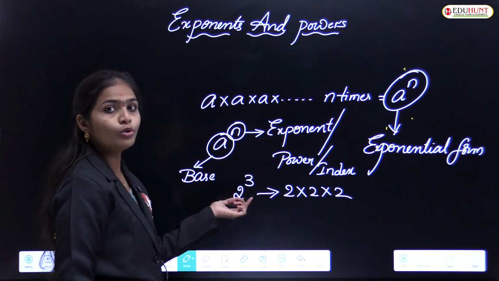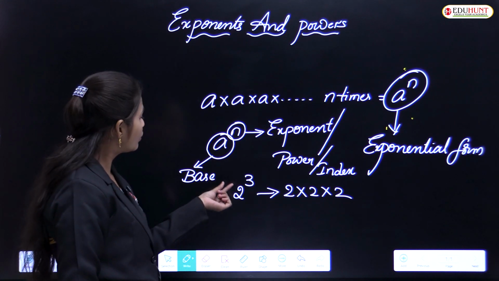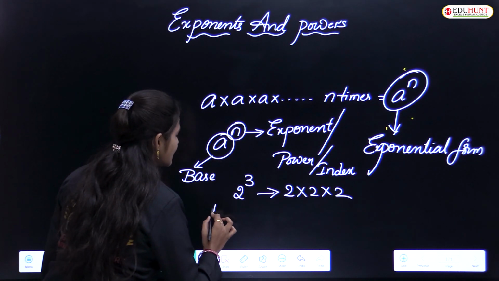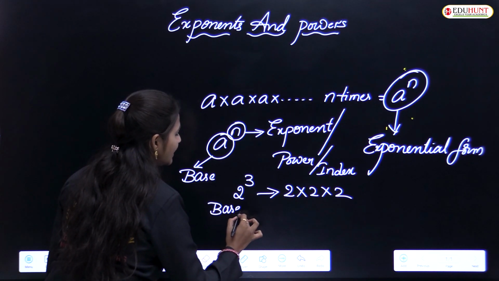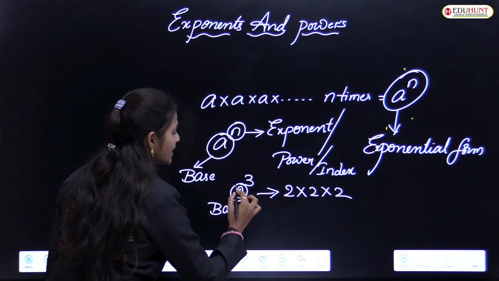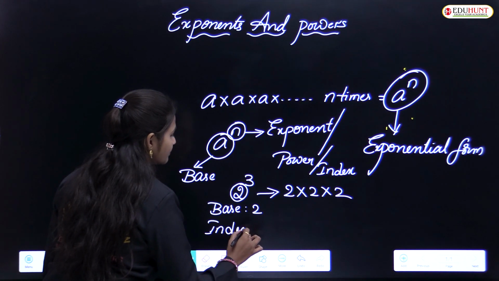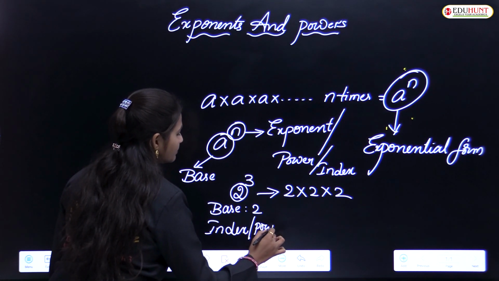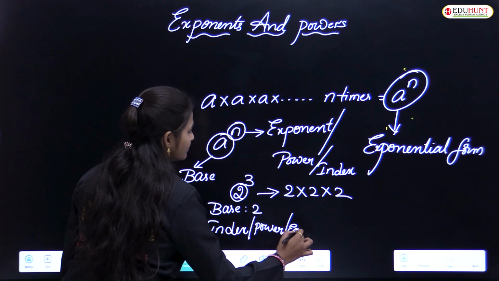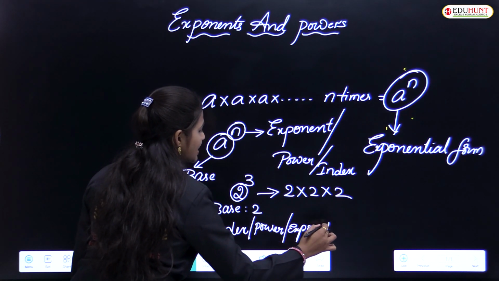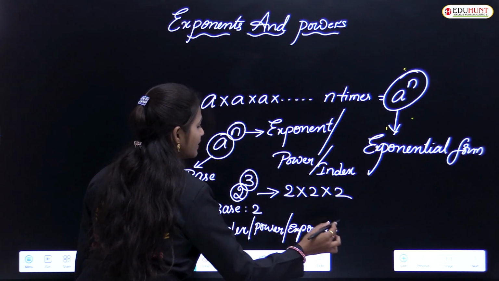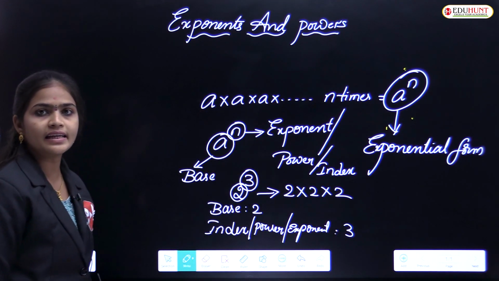So in 2 power 3, which one is the base? The base is 2, and the index, power or exponent is 3. Is it clear to you?